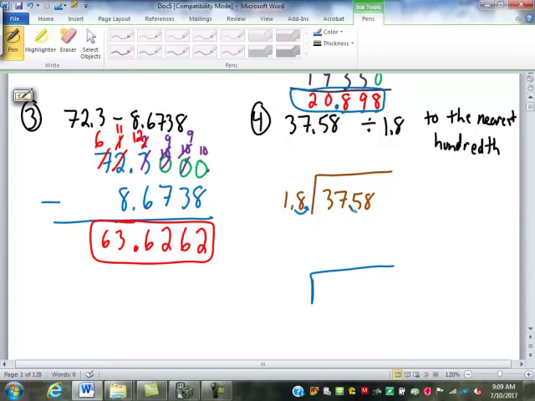To make that happen, I got to do the same in here. Remember, we think of that like a fraction. What we're really doing is multiplying both the top and bottom by 10. So the decimal point has to move one spot in both numbers. So this is now 375.8 divided by 18.